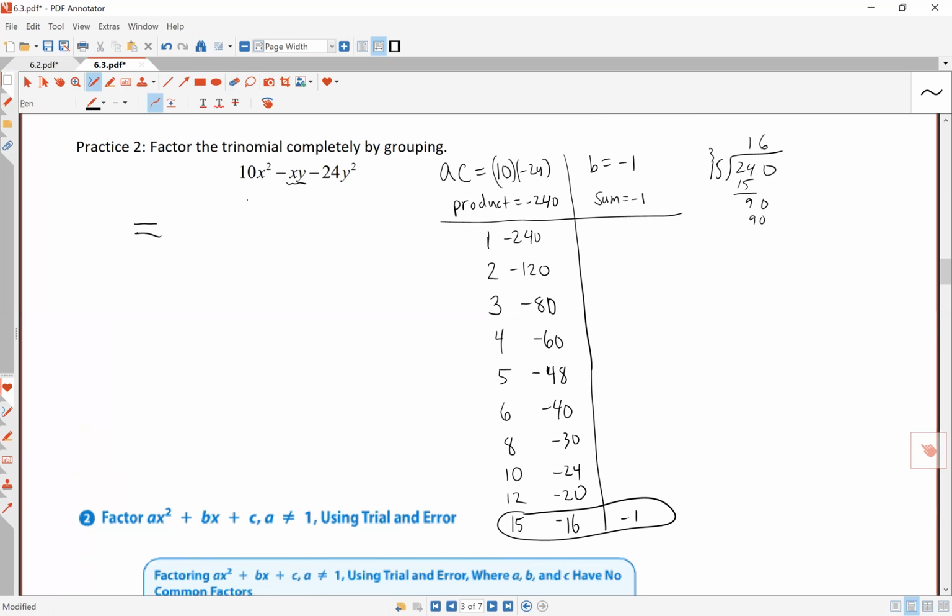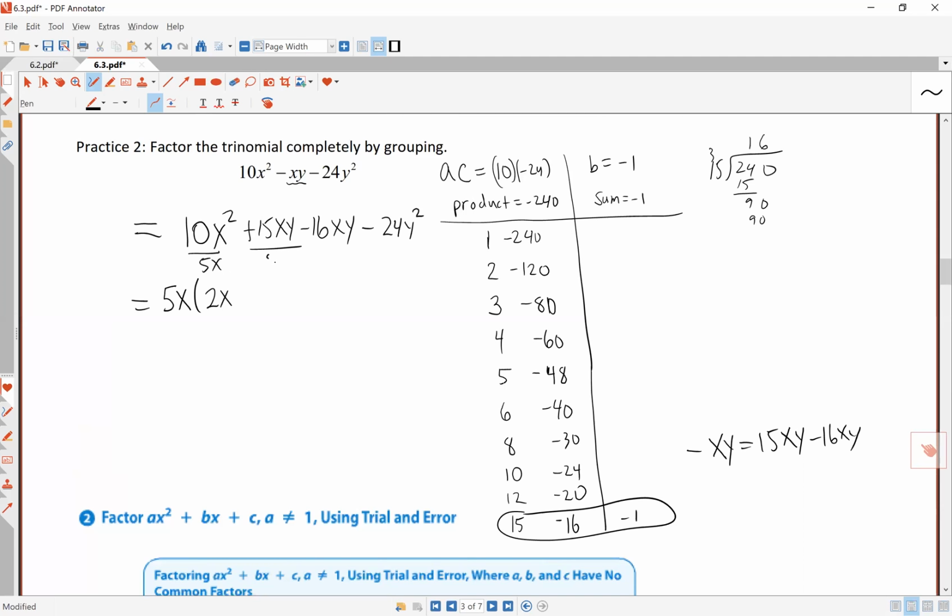So this time, because of the xy in there, we're going to replace the negative xy with 15xy minus 16xy. And now we factor by grouping. Our first pair, we factor out a 5x. Dividing that by 5x leaves us with 2x, and dividing 15xy by 5x leaves us with 3y.